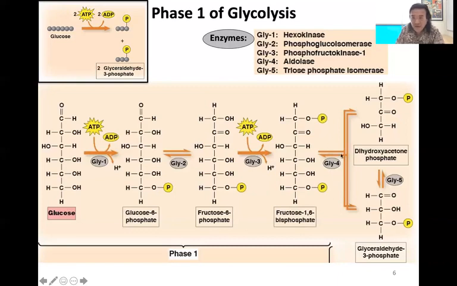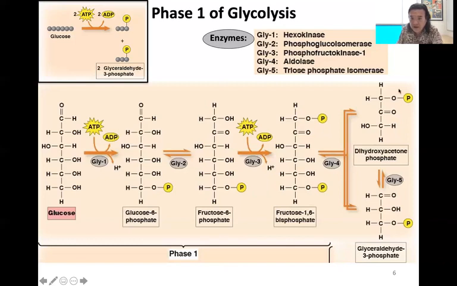Then at the end of phase 1, you have this enzyme over here that essentially cuts this molecule in half. So this fructose 1,6-bisphosphate, this is on my simpler cartoon, the more symmetrical looking intermediate, because you can imagine cutting this in the middle here and having 3 carbons on this side, 3 carbons on this side, right? So the bottom part is glyceraldehyde 3-phosphate.